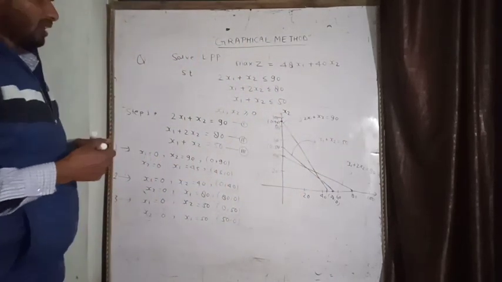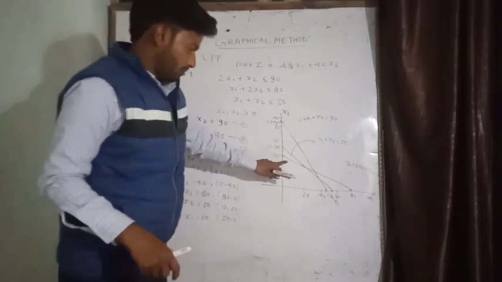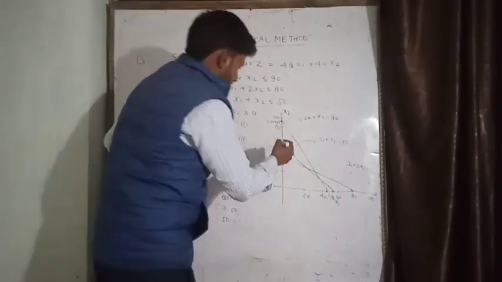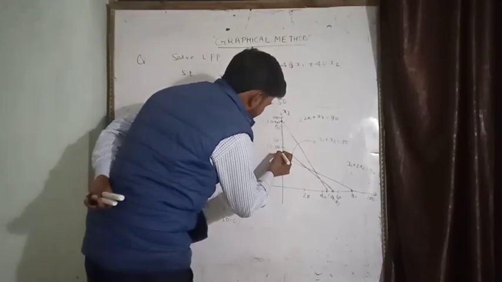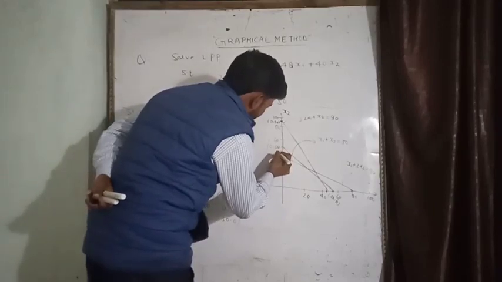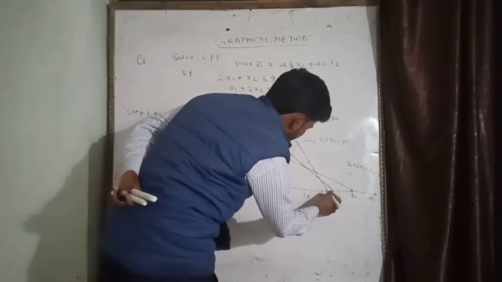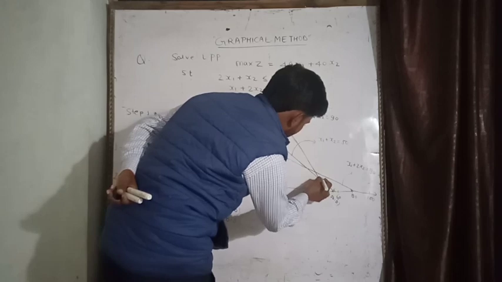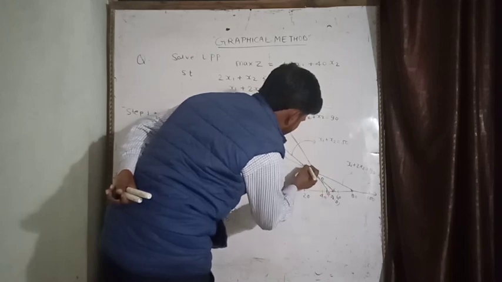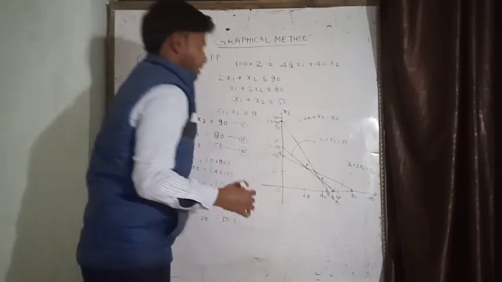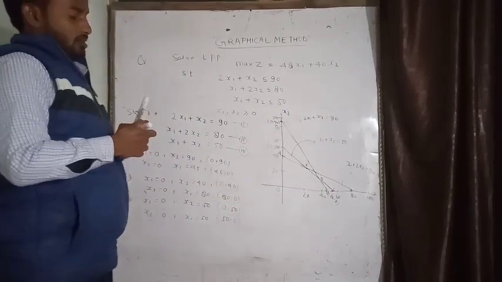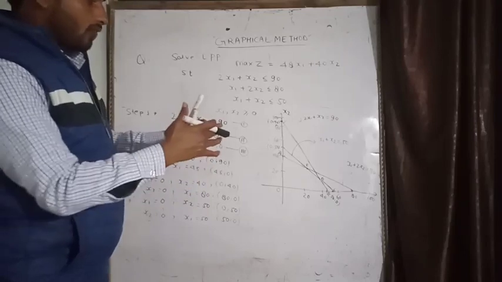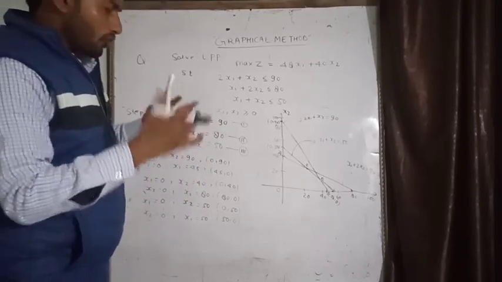Now let us give names to the extreme points, that is, the corner points. Suppose this is A, this is B, this is C, this is D, this is E, and this is O. Now, what is the area in which we get the feasible solutions?